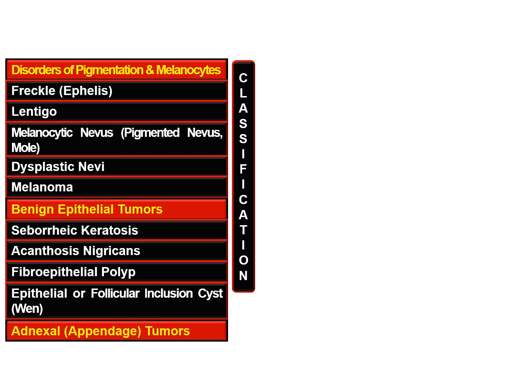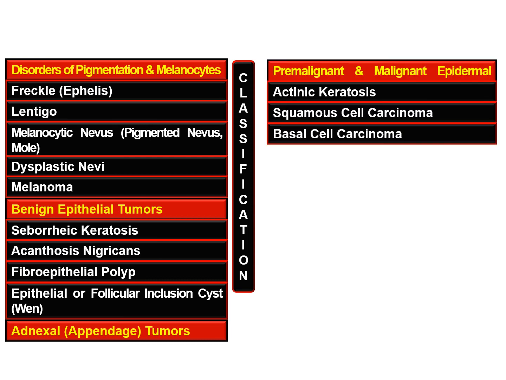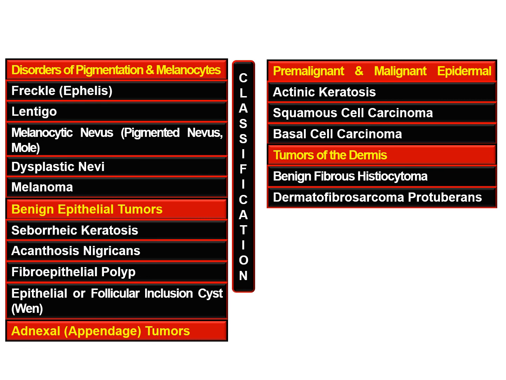Then there are many appendageal tumors or adnexal tumors. The pre-malignant and malignant epidermal conditions are actinic keratosis, squamous cell carcinoma, and basal cell carcinoma. Tumors of the dermis include benign fibrous histiocytoma and dermatofibrosarcoma protuberans.